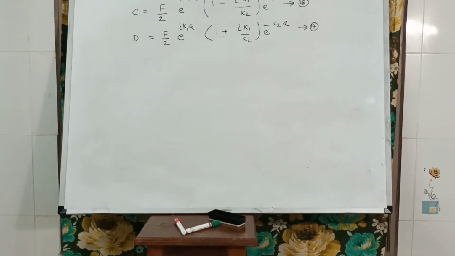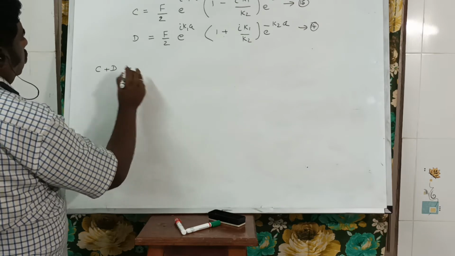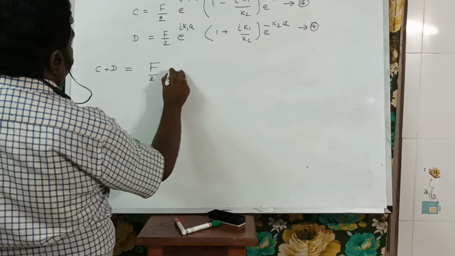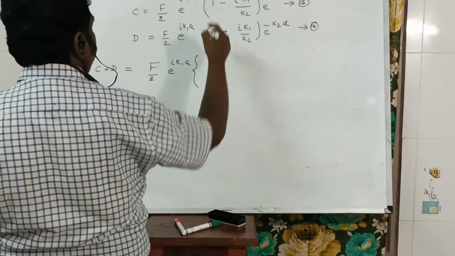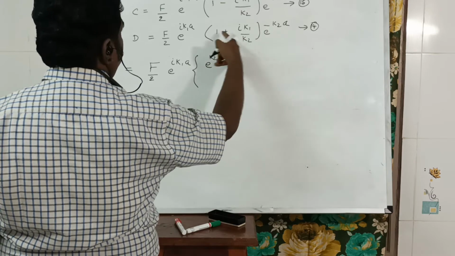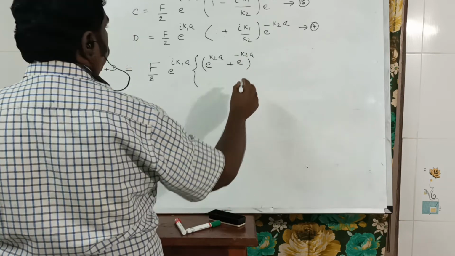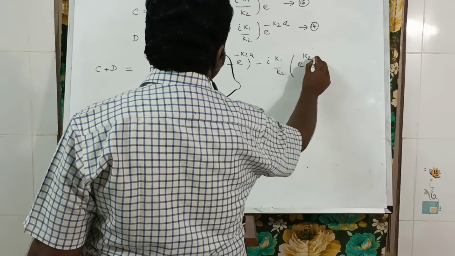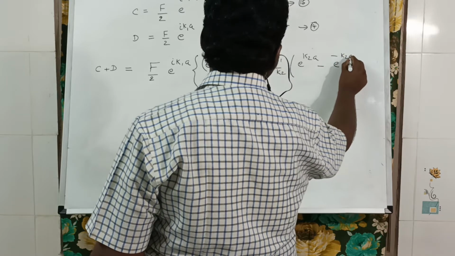From equations 14 and 15, first of all we have to find the value of C plus D. For that, write down F by 2 e power i k1a into e power k2a plus e power minus k2a, then minus i k1 by k2 into e power k2a minus e power minus k2a.